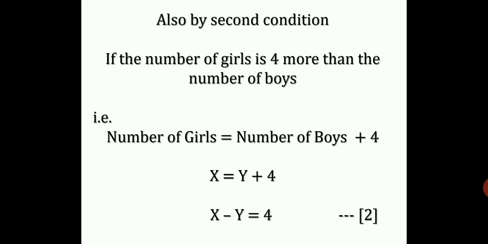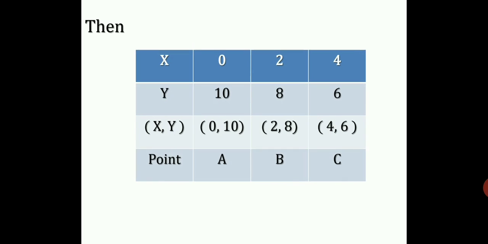Using this condition we make equation number 2, that is x minus y equals 4. From the first equation we have the values x equals 0, 2, 4 and y equals 10, 8, 6. Then the points are (0, 10), (2, 8), (4, 6).